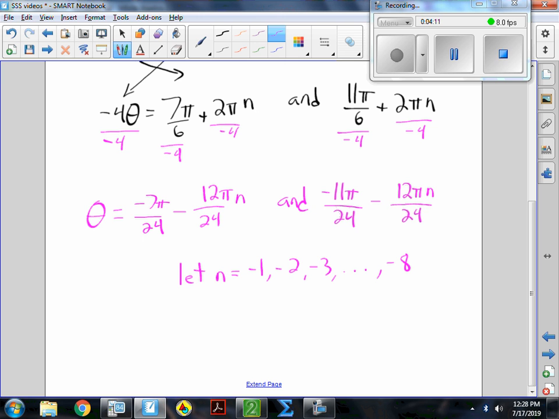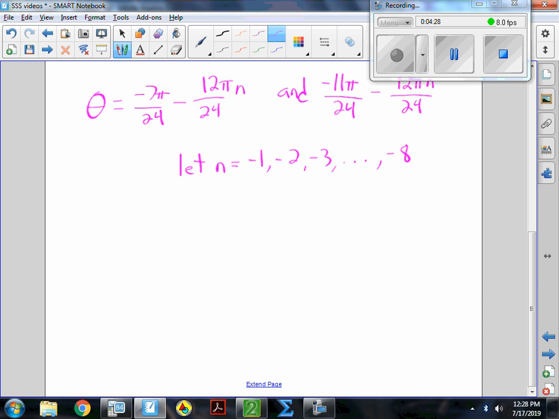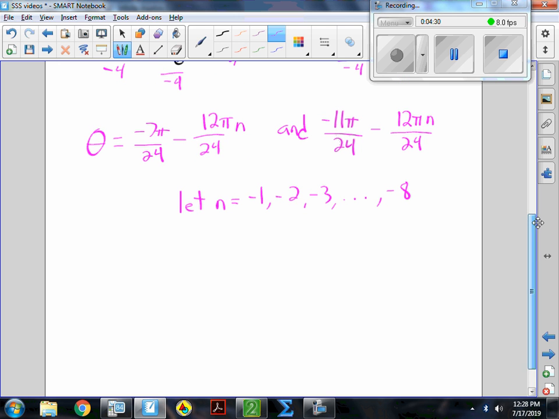There are 2 answers where sine is equal to a negative 1/2 from 0 to 2 pi, and the graph says 4 theta, so it's a horizontal shrink, which means from 0 to 2 pi you're going to have 4 times as many answers. So now I just plug in n and I work from it.